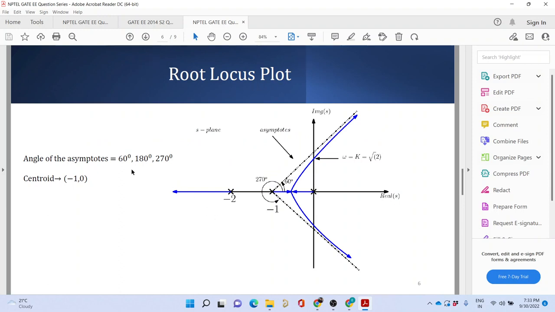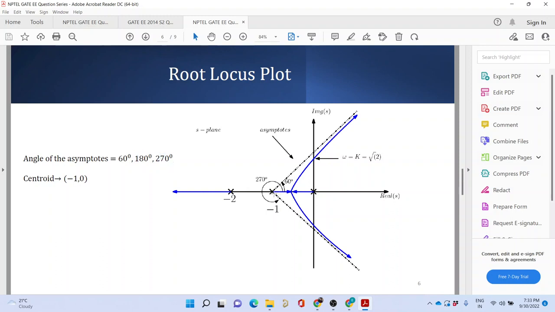We can find the angle of the asymptotes, given by odd multiples of 180 degrees divided by the total number of poles minus the total number of zeros. There are 3 poles and no zeros, so 180 divided by 3 is 60, and multiplying with odd numbers: 3 times 60 is 180, and 5 times 60 is 300.